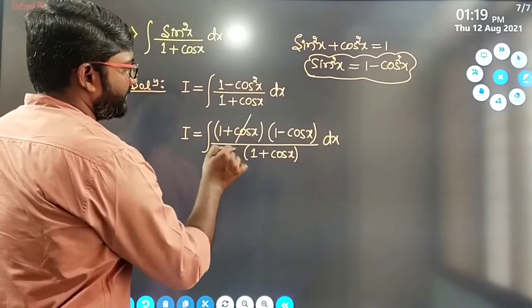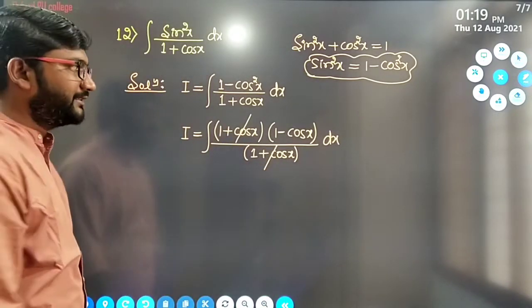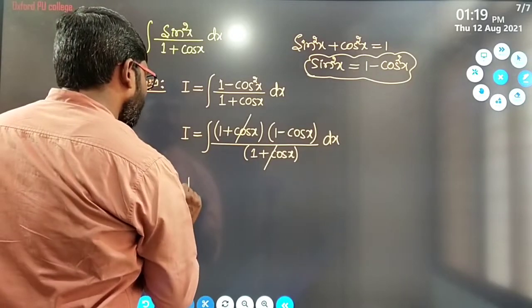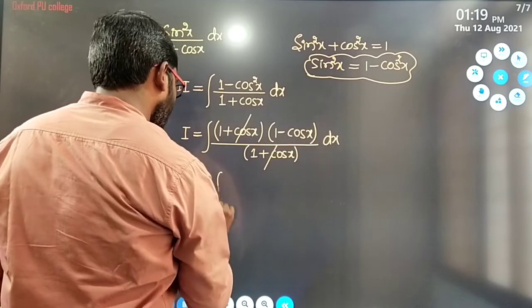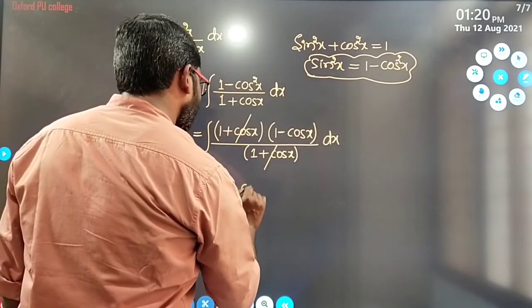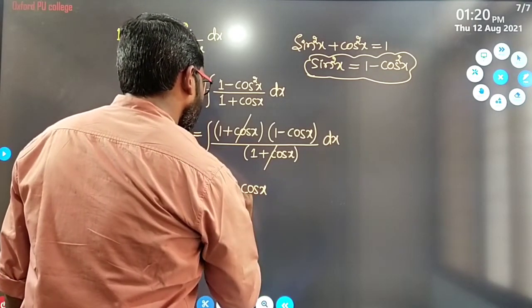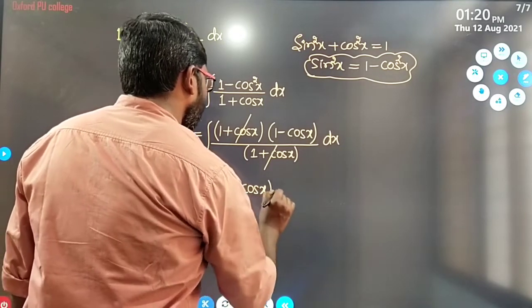Now 1 plus cos x and 1 plus cos x get cancelled. Write the remaining term: I equals integral 1 minus cos x dx.